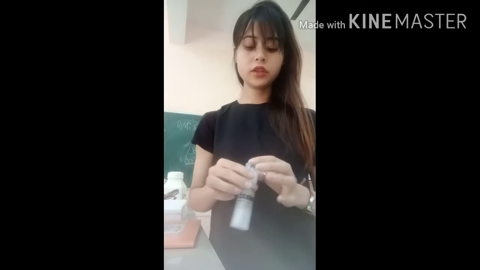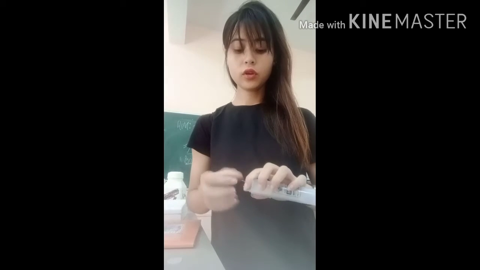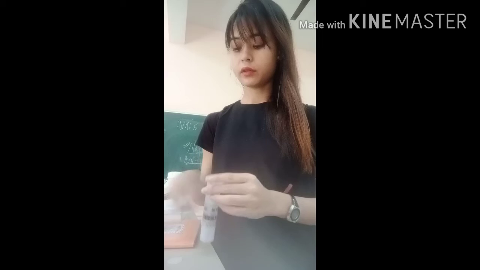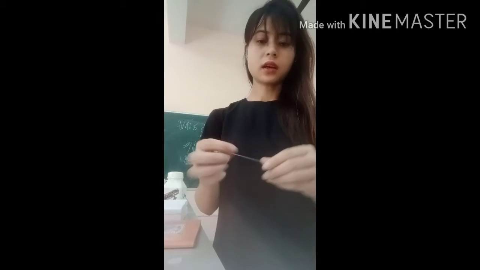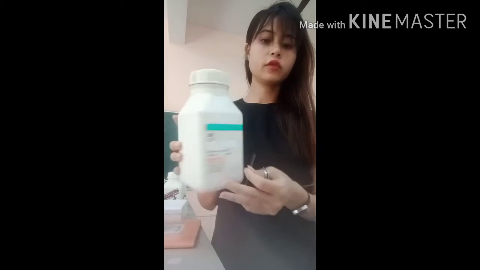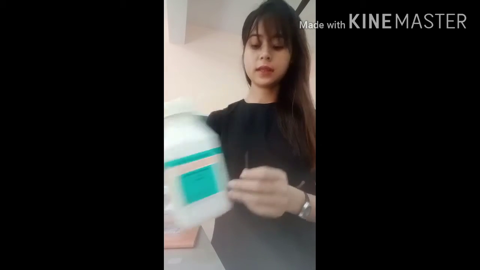In the procedure, you need to know how to prepare the sample. Before you start the experiment, these are the capillary tubes and this is the compound I'll be using in this experiment.